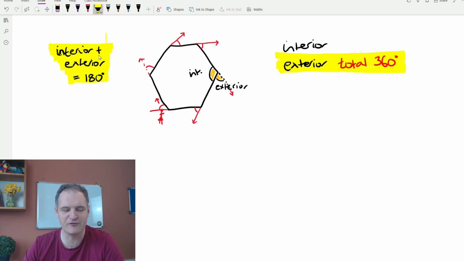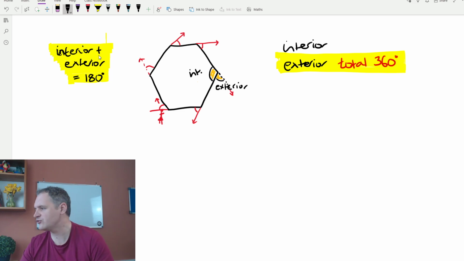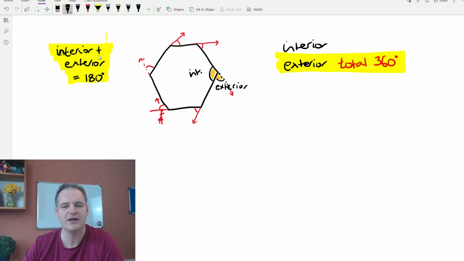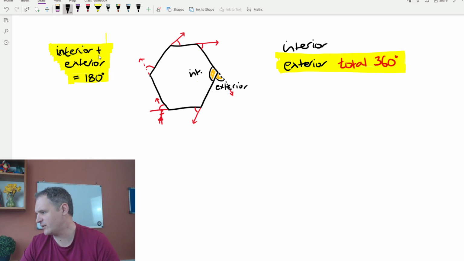So there's my second big fact of the day. How is this useful? Well, imagine Lars chooses a size shape for us. Lars, do you want to choose a size shape and put it in the chat for us? And we're going to then use that to work out the exterior angles of that shape. We're just waiting for Lars to choose a number.